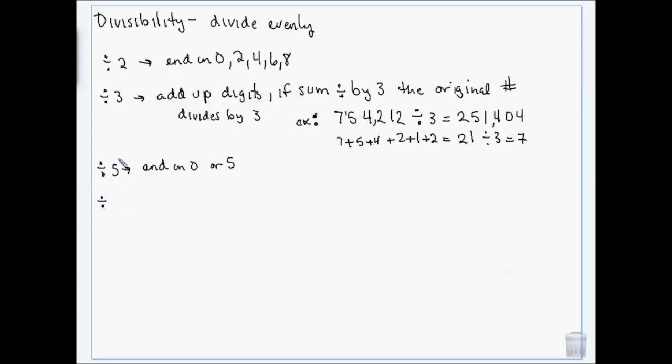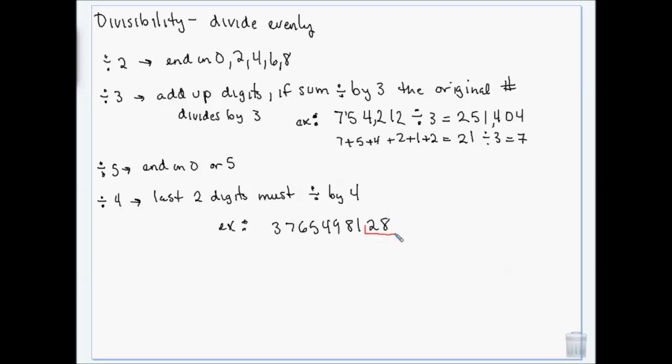Oh, I forgot to divide by 4. To divide by 4, the last 2 digits have to divide by 4. So for example, all I have to do is look at these last 2 digits. 28 divides by 4, so this whole thing will divide by 4.